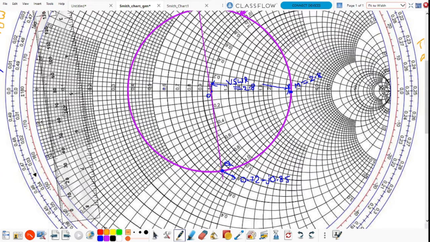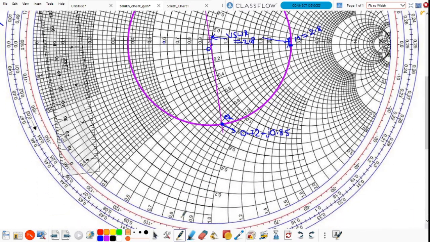This line crosses the VSWR circle, and that crossing point is considered as point Q. This intersection point is approximately the R equals 0.72 constant circle and the X equals 0.85 constant circle. Now here a negative sign is there. What is the meaning of the negative sign? This point Q is below the horizontal axis, so it has negative reactance values, so here we are considering the negative sign.